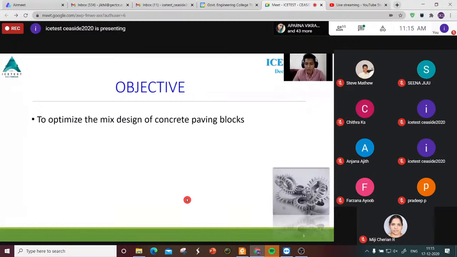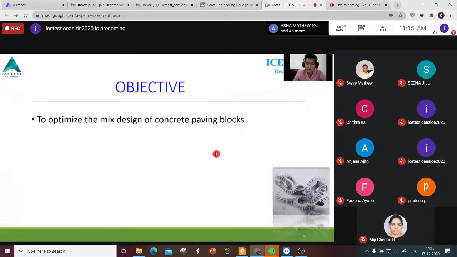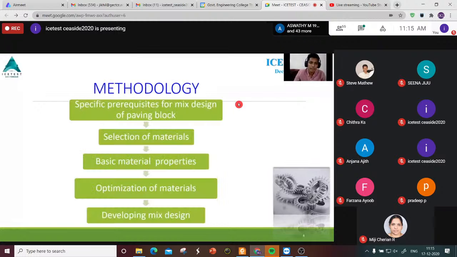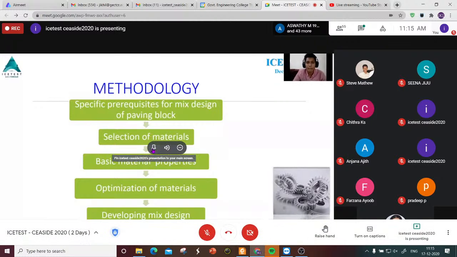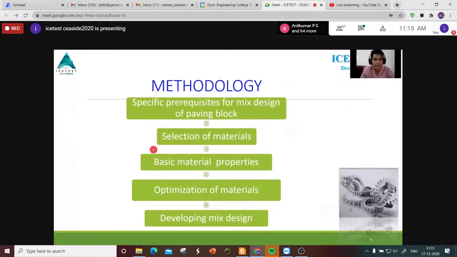Objective. Our aim is to develop an optimized mix design for paving blocks by considering both quality and economy. Methodology. The first step is a study of specific prerequisites for mix design of paving block. Then, selection of materials.